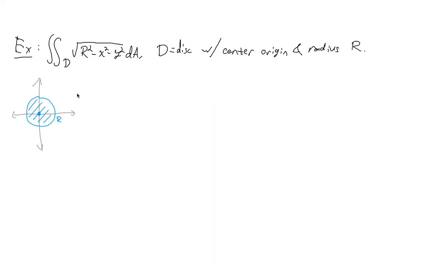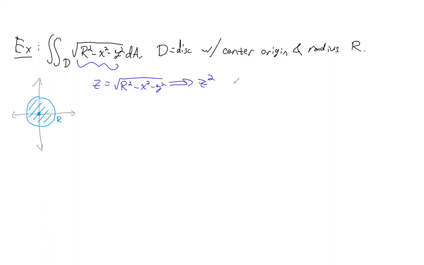So how are we going to do this? Well, what is root r squared minus x squared minus y squared? If z equals root r squared minus x squared minus y squared, the hint here is that a square root of a radius minus x squared minus y squared looks an awful lot like part of an equation for a sphere.